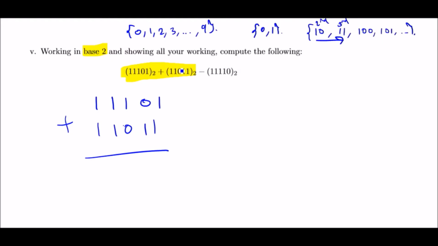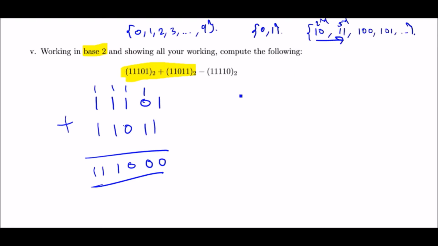Okay, start from the right-hand side. 1 plus 1 will give us in binary 10, so it'll be 0, carry the 1. 1 plus nothing plus 1 gives us 10, carry the 1. 1 plus 1 plus 0 gives us 10, carry the 1. 1 plus 1 is 10, plus the extra 1 is 11, carry the 1. 1 plus 1 is 10, plus another 1 is 11. That's it. So you get 1, 1, 1, 0, 0, 0.